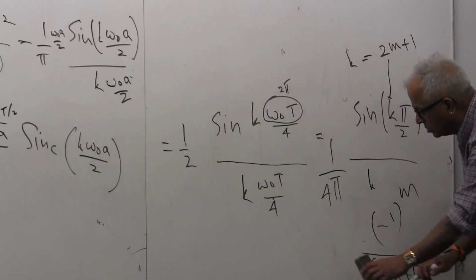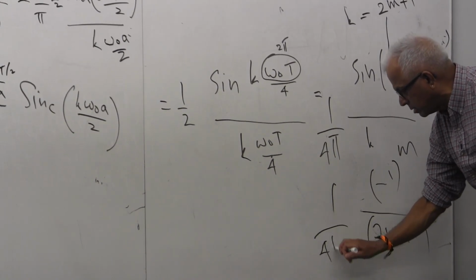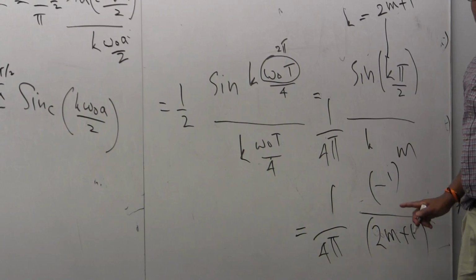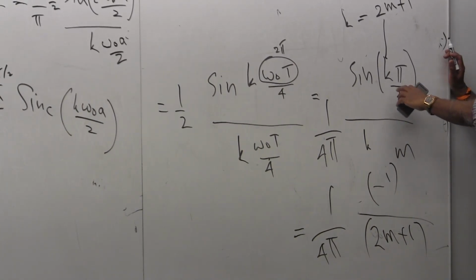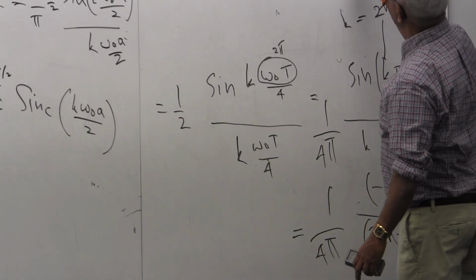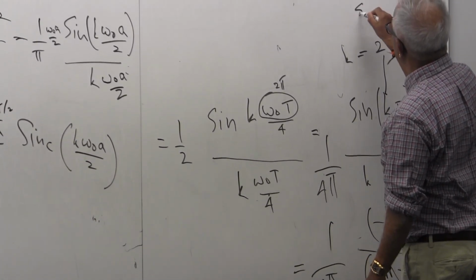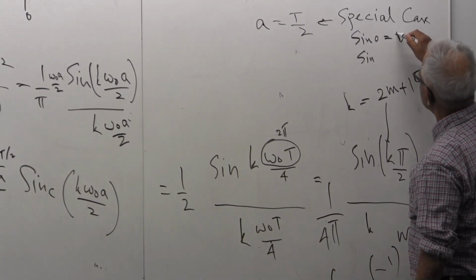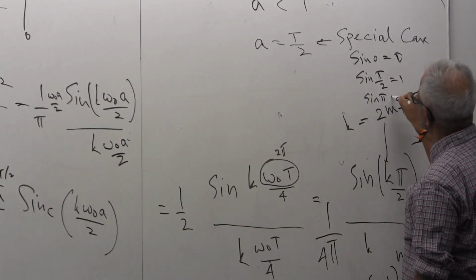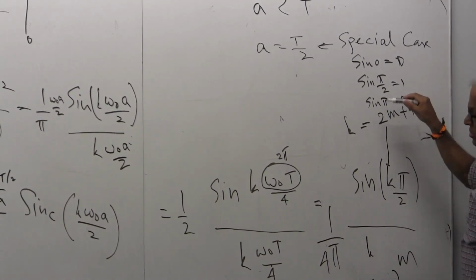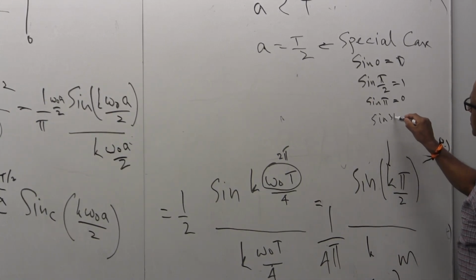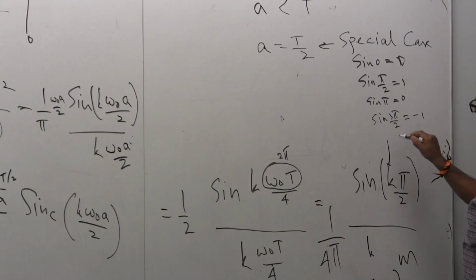Alright, so you can see how the simplifications go. If anybody didn't understand, look through it. Mentally go through k equal to 1: sine pi by 2 is 1, sine pi is 0. So you see odd values. Next value is minus 1, since sine 3 pi by 2 is minus 1.